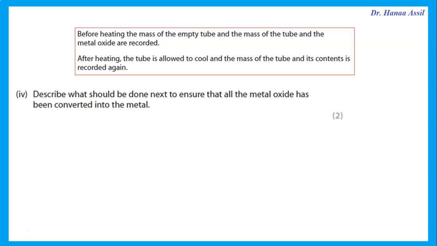How do I know that all the oxide has been changed to metal? I need to reheat, cool, and reweigh, and continue this until the mass doesn't decrease anymore. So in these kinds of reactions, in order to know that the reaction has finished, I need to reheat, cool, and reweigh until constant mass.